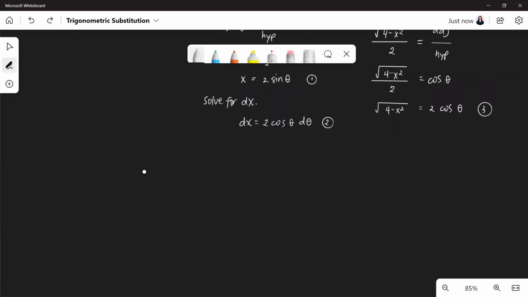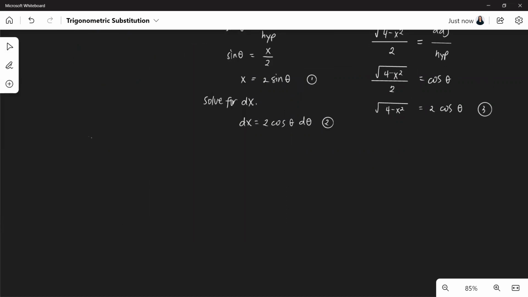It's x cubed times the square root of 4 minus x squared, dx. So we write 2 sine theta instead of x, and we are going to raise it to the power of 3. This is from equation 1.